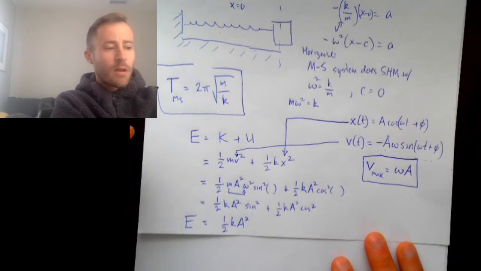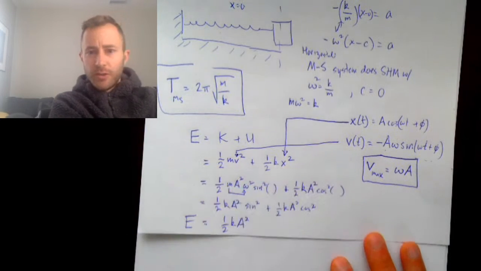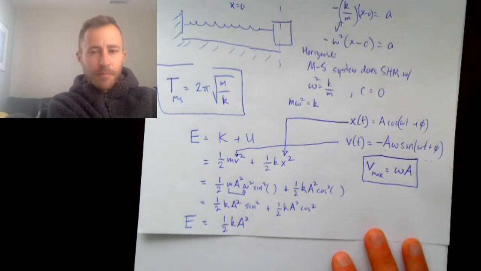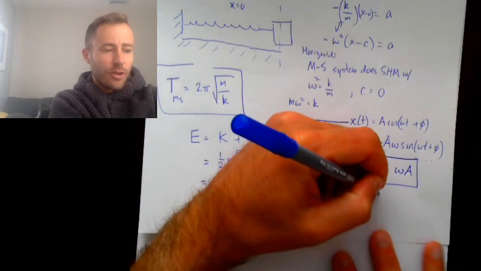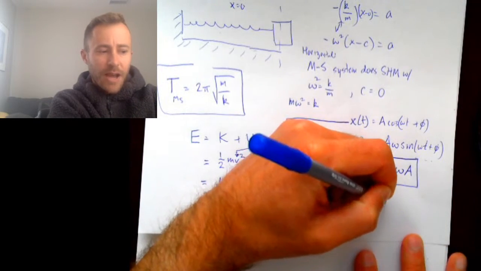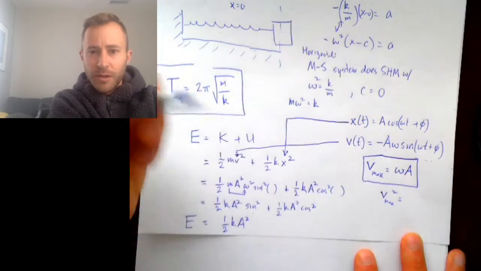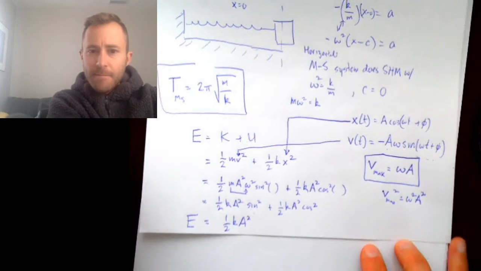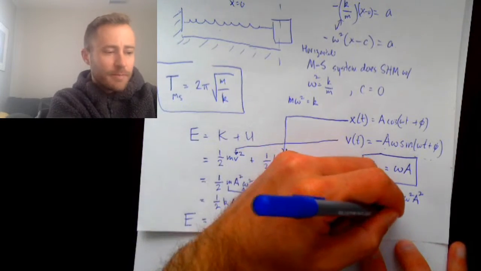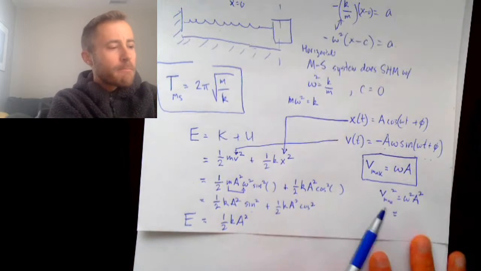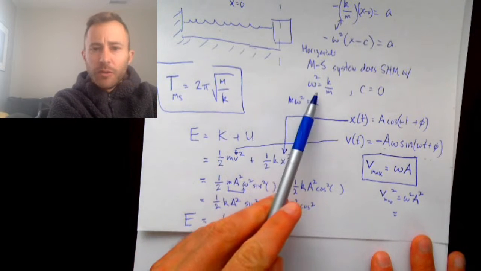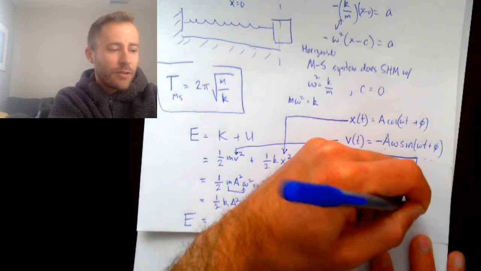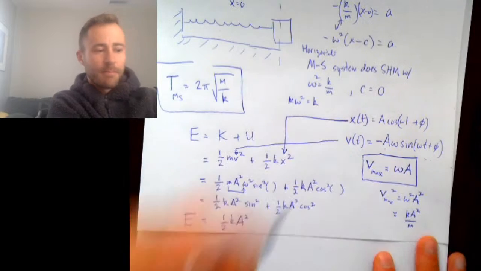All right? And so we can use this relationship to show that Vmax squared is omega squared a squared, which, because omega squared is k over m, is k a squared over m.